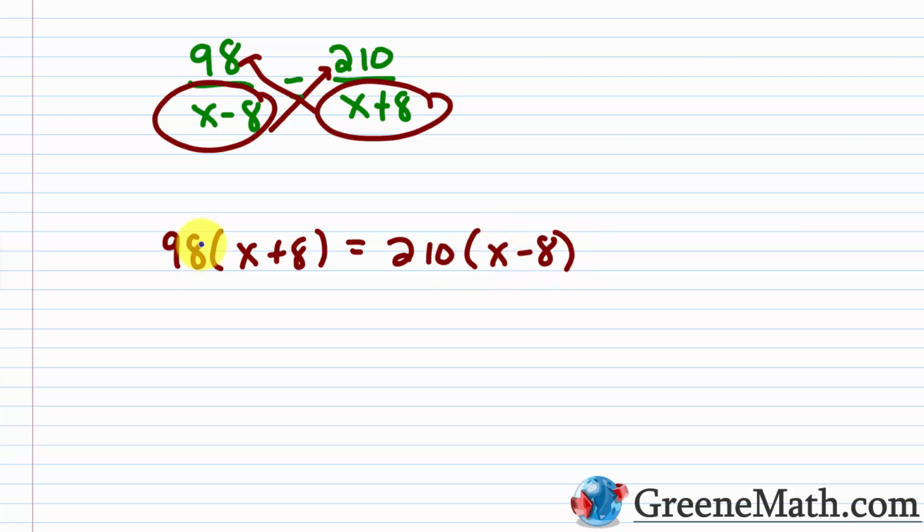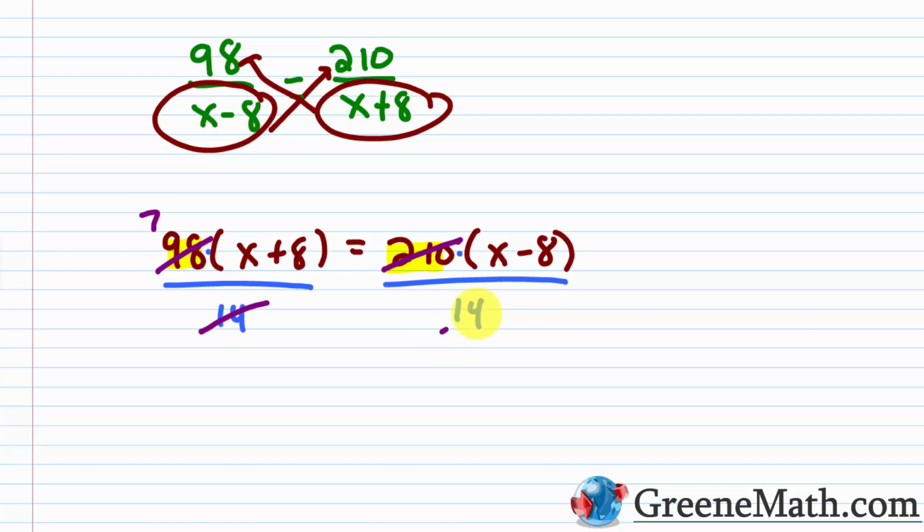So I could just start by using my distributive property on each side. But one thing you want to see here is that 98 and 210 are each divisible by 14, right? So to make this a little easier on myself, I'm going to divide both sides of the equation by 14. Remember, this is multiplication here, so this is legal to cancel. 98 divided by 14 is going to give me 7, so I'd put a 7 here.